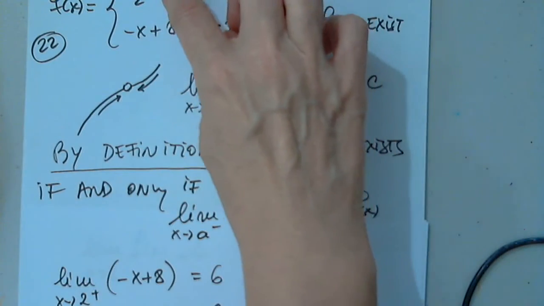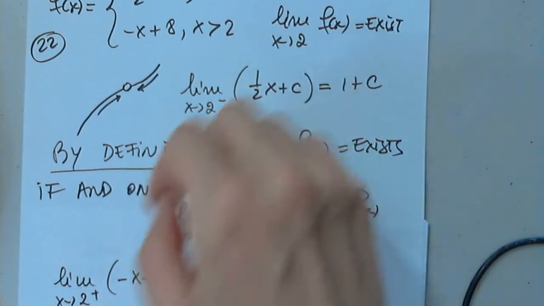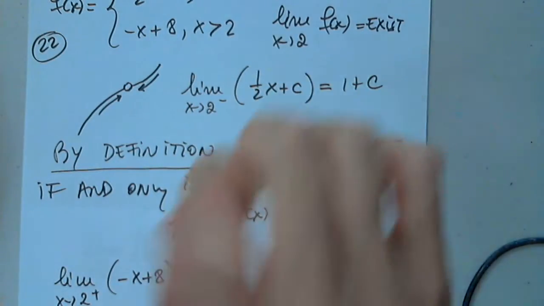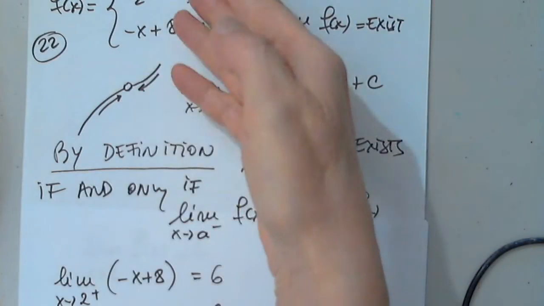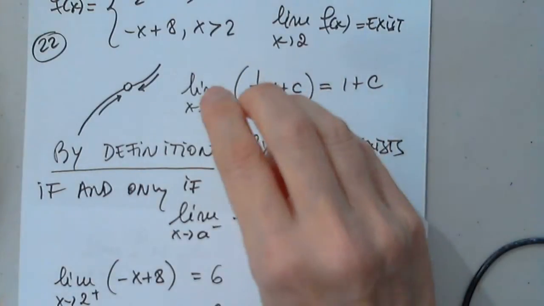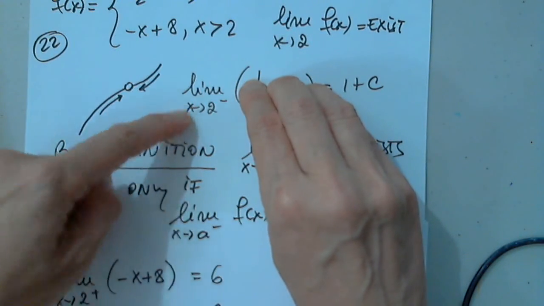If you set this equal to this, that's not what we're trying to do. We are not interested in the function value at that point. You cannot even plug in 2 because 2 is nowhere to be found. I am allowed to plug in 2 here because there is a limit operator in front of it.